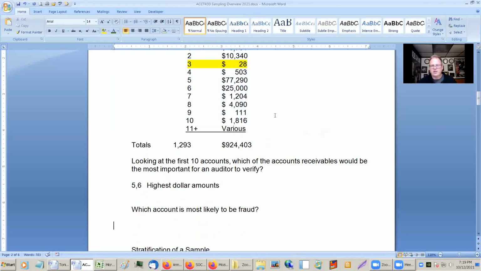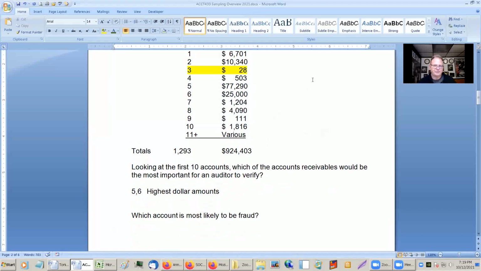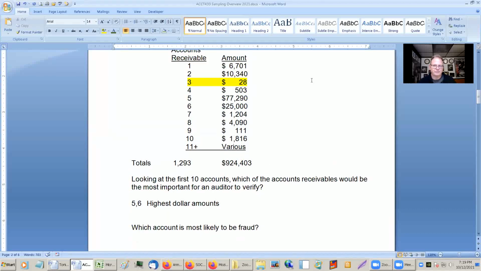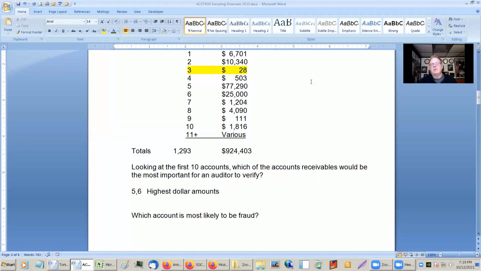Here's a question for you. Which one is most likely fraud? Five and six. Probably 6. One of the weird things about fraud is a lot of times people do it in round numbers. It sounds crazy, but you don't usually have sales that come out to be 25,000 exactly. It'd be $25,342.28.